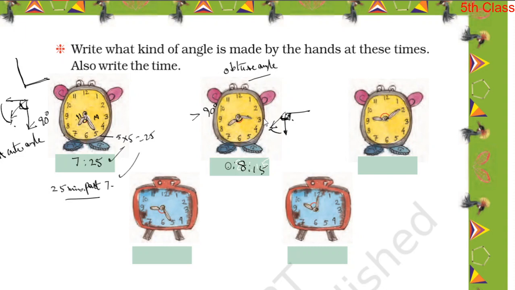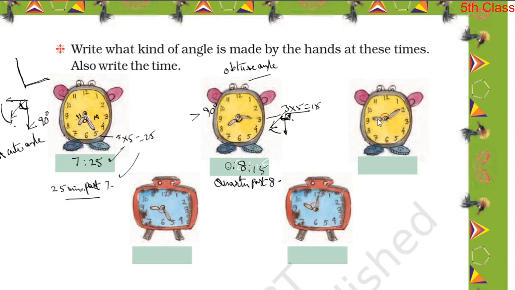Because the minute hand is at 3. Therefore how many minutes are covered? 3 5s. 3 5s are 15. Therefore the time is 8:15. And we read this one as, 15 means quarter. Therefore quarter past 8. We read it as quarter past 8.